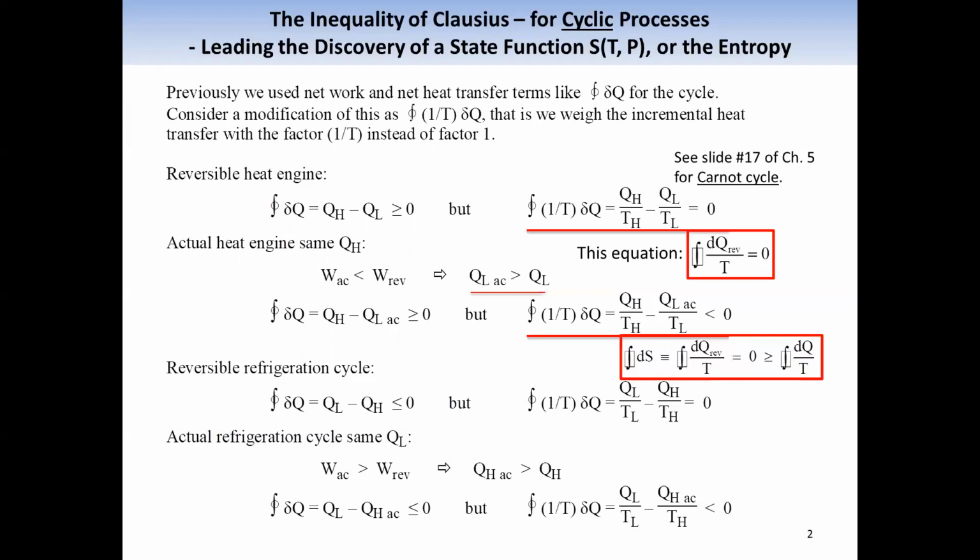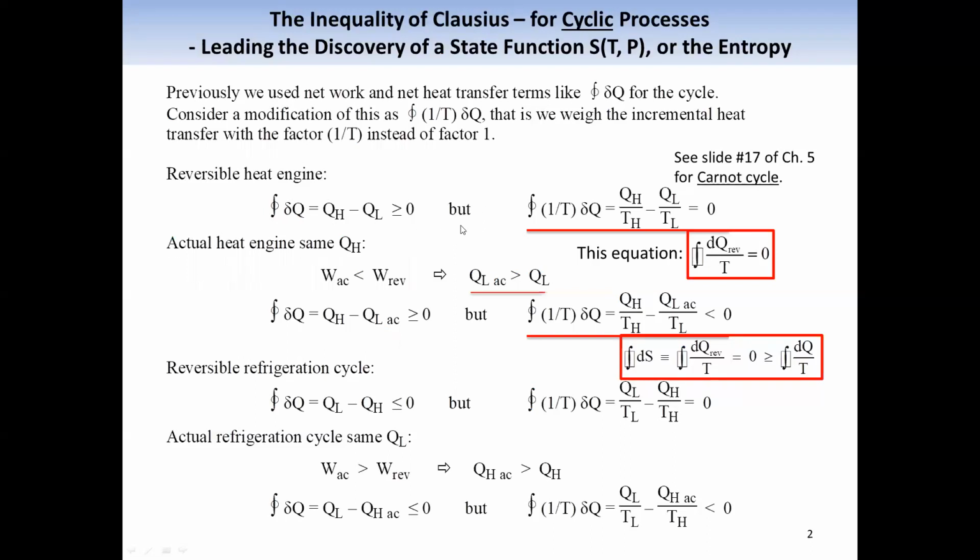Therefore, when the working fluid finishes a complete cycle, the integration of heat transfer results in 2 terms. One is the heat transfer to the working fluid at the high temperature minus the heat rejected to the low temperature reservoir. We know this is going to be greater than 0 because the difference is the work performed by the heat engine.